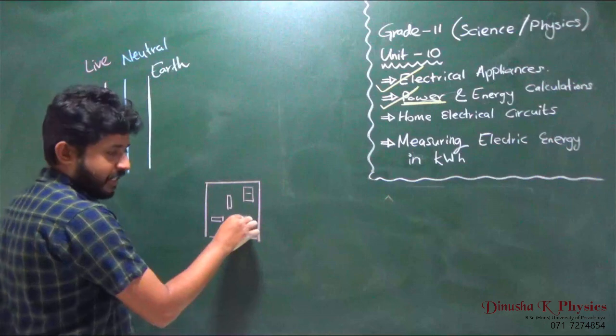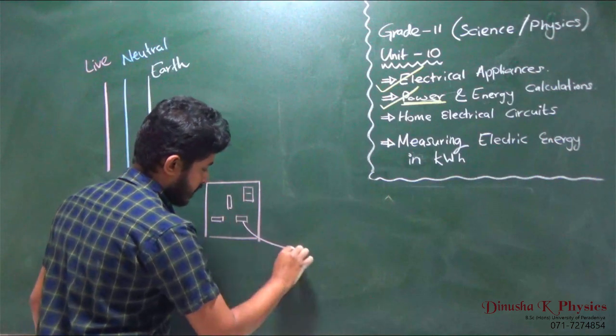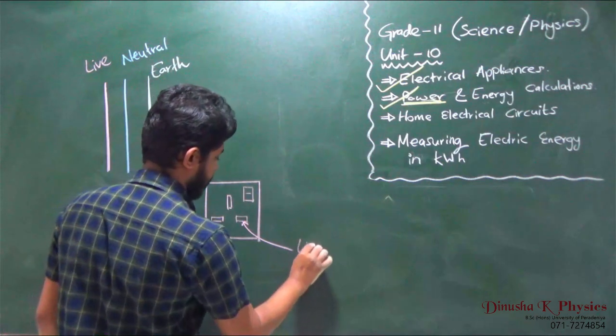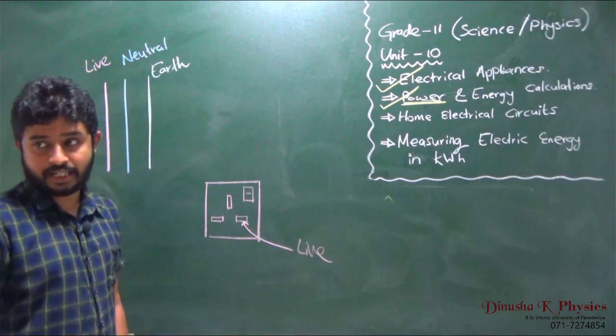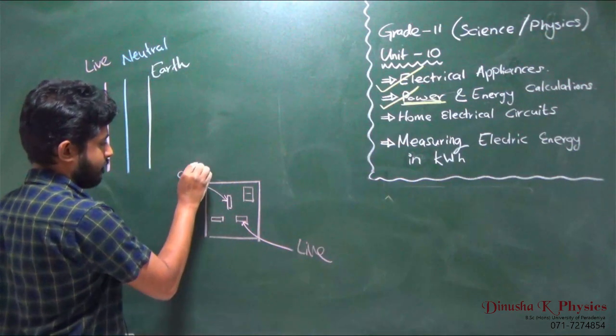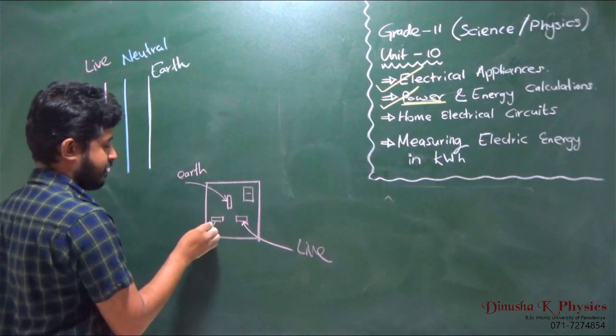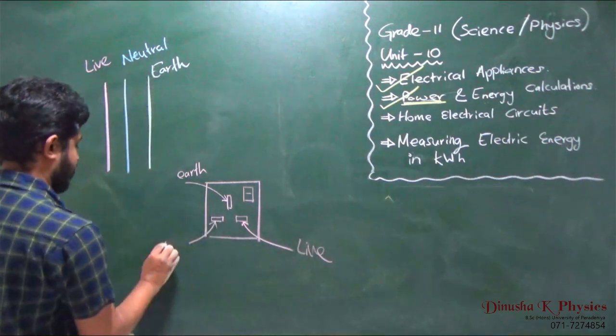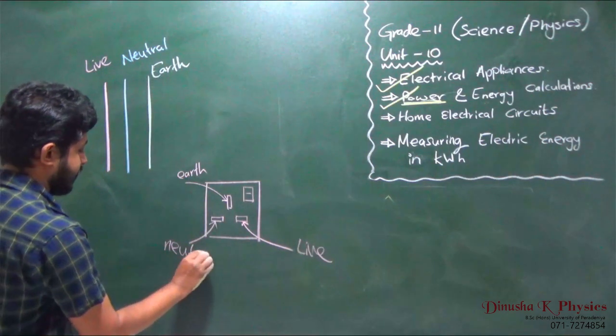So every time the right hand side socket will have the current. It is live. එතනට තමයි current එක එන්නේ. උඩට තියෙන එක earth. මේක neutral. දකුණු පැත්තේ තියෙන එක අනිවාර්යයෙන්ම live එක. හරි. ඕවා ගෙදරක ඉන්නකොට දැනගෙන ඉන්න.